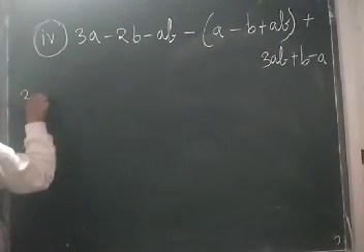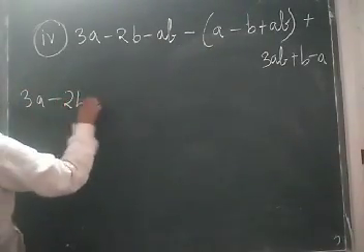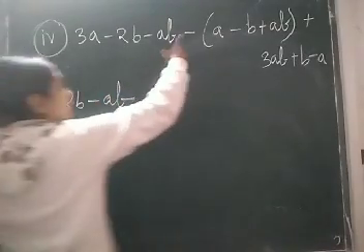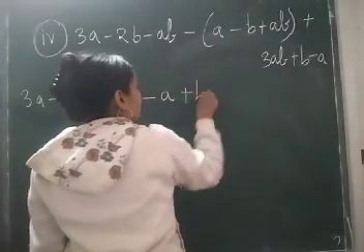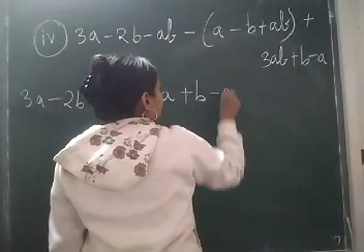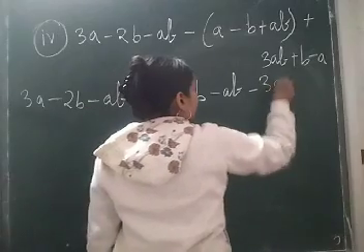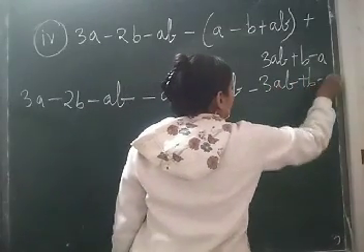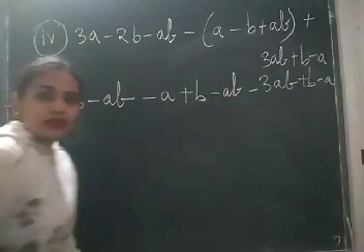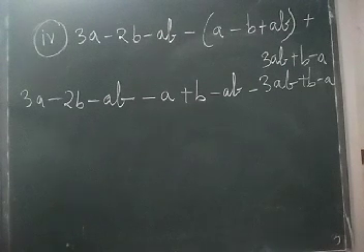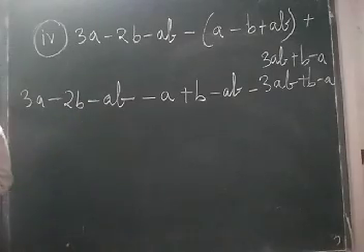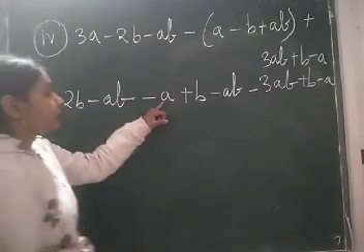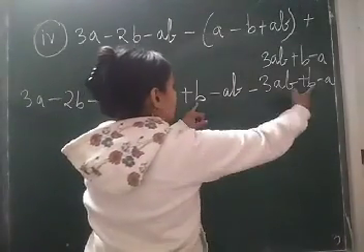So 3a minus 2b minus ab minus plus minus a minus minus plus b minus plus minus ab minus 3ab plus b minus a. It's coming? Yes. Now, children, see if anything can get cancelled. Nothing can get cancelled. This is also minus, this is plus and this is plus.